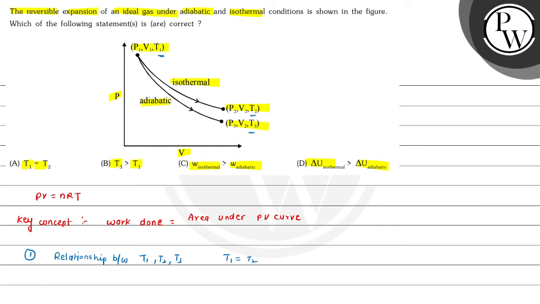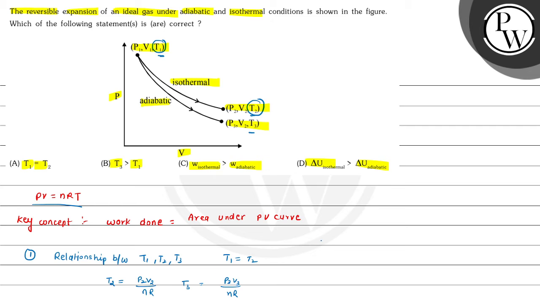Now from the ideal gas equation, PV is equals to nRT, so we can write T2 is equals to P2 V2 divided by nR, and T3 is equals to P3 V3 divided by nR.